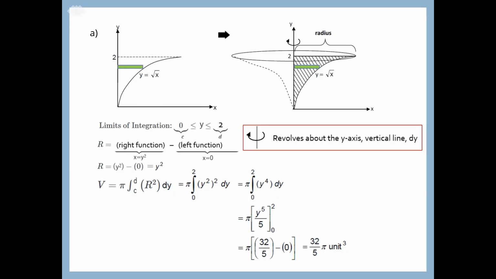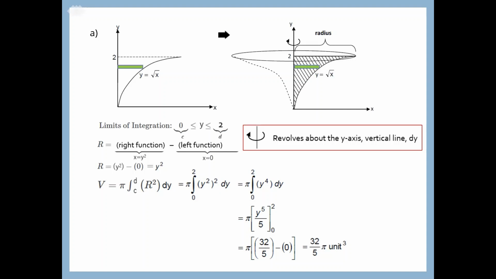For A, as the graph is rotated about the y-axis, the right function is x equals y squared and the left function is x equals 0. Thus, r is equal to the right function minus the left function, which is y squared minus 0, equal to y squared.